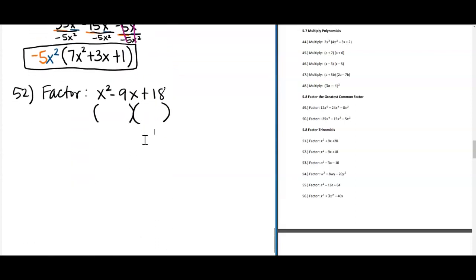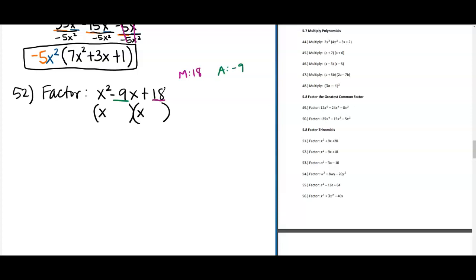So first thing we're going to look at is that x squared. What times what is x squared? Well, that's x times x. So that's how each of those are going to start off. And then you're going to ask yourself what multiplies to be 18 and adds to be negative 9.